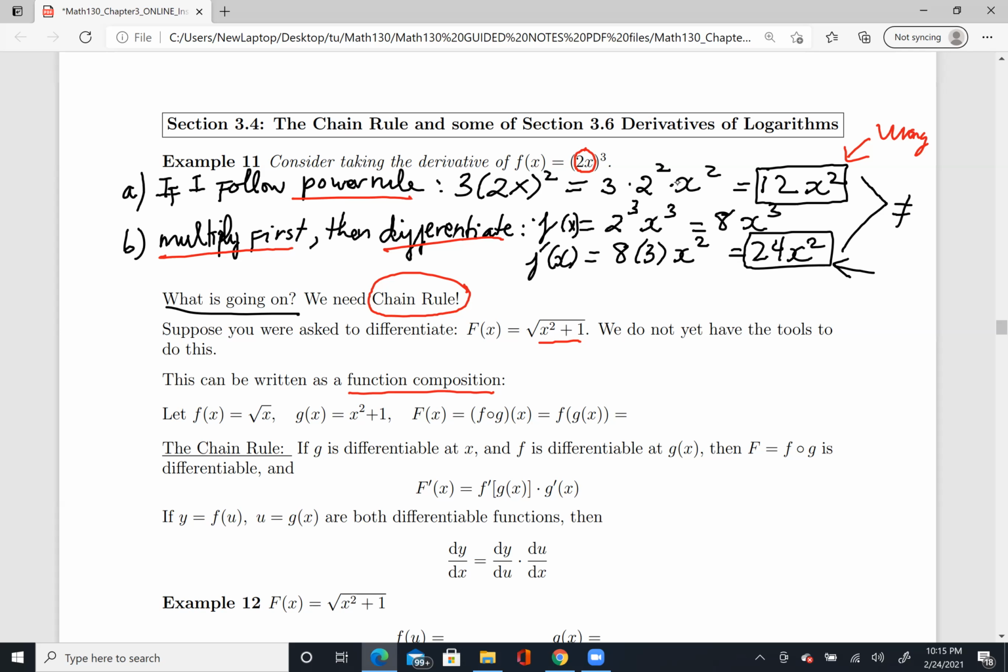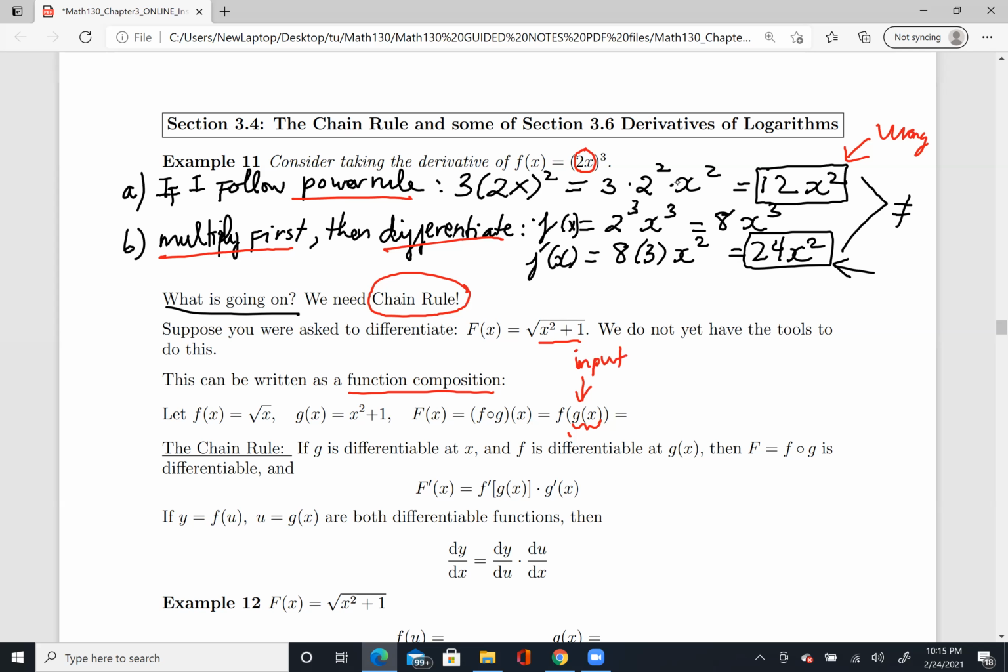So the capital F of x will be the composition of f and g of x, which is f of g of x. Remember that this means g of x in here is the input.